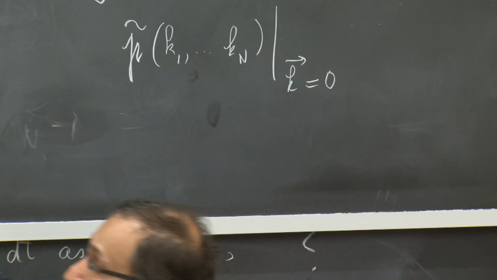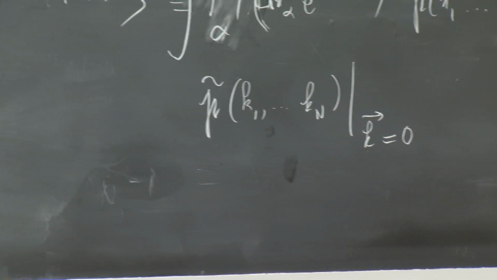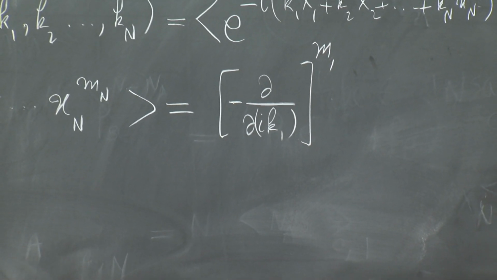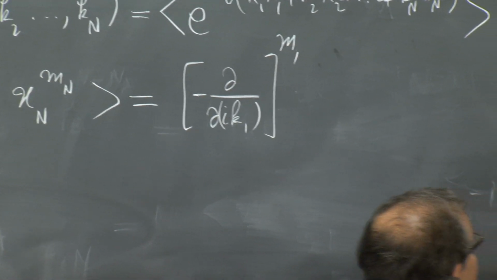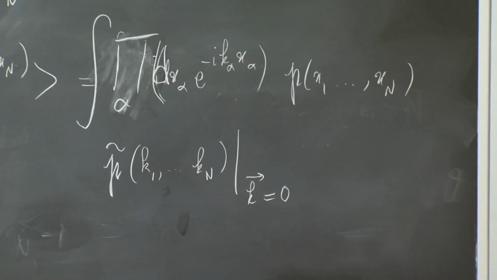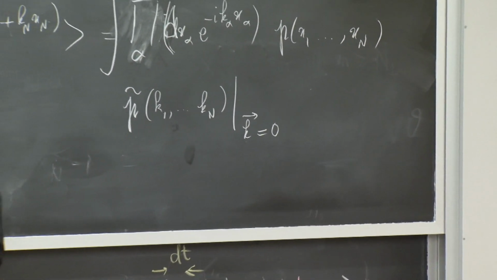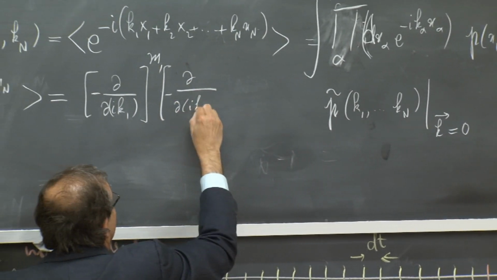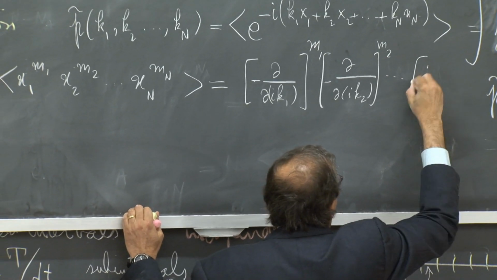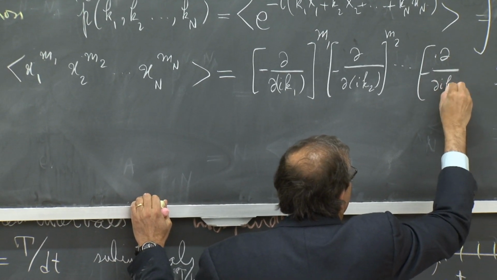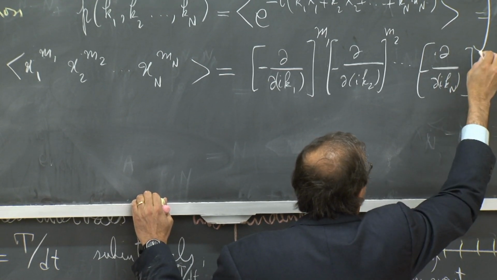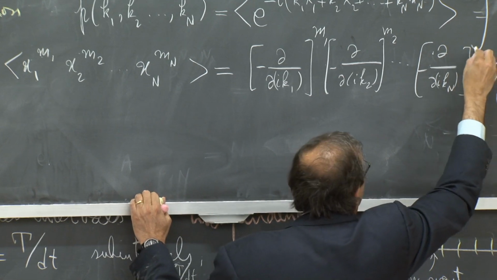But I don't want x1. I want x1 raised to the power of m1. So I do this. Each time I take a derivative with respect to minus ik, I will bring down a factor of the corresponding x. And I can do this with multiple different things. So d by di k2 raised to the power of m2, minus d by di kn, the whole thing raised to the power of mn.